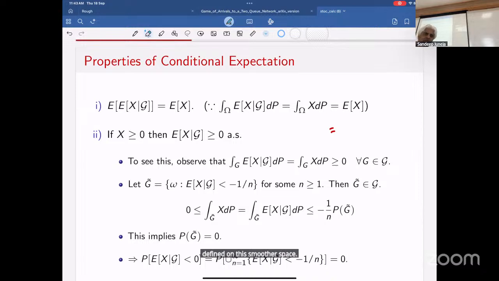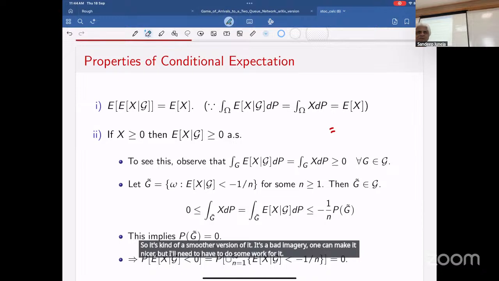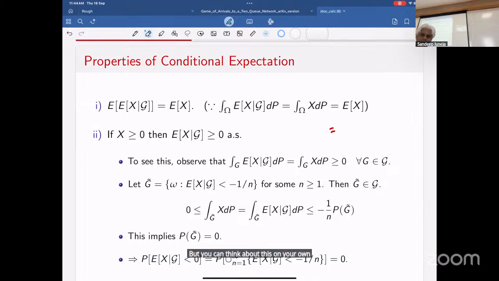And now G is a coarser space, with fewer sets, and E of X given G is constant on sets of G. So it's kind of a smoother version of it. It's a bad imagery. One can make it nicer, but I'd have to do some work for it. You can think about this on your own time. It's worth thinking about in the discrete setting.